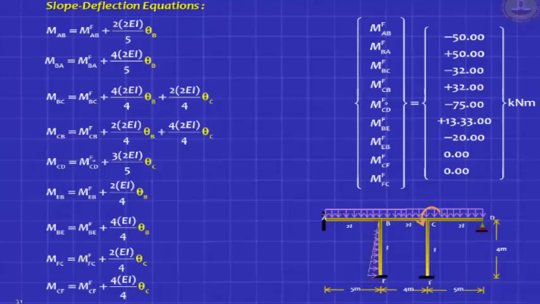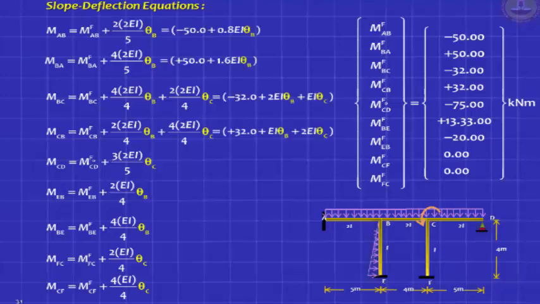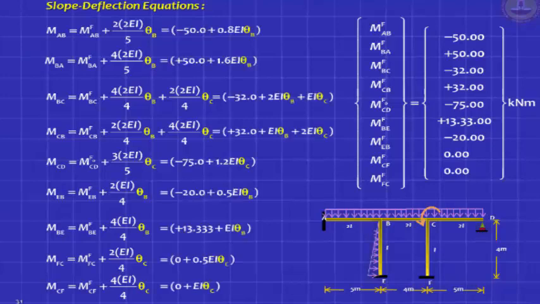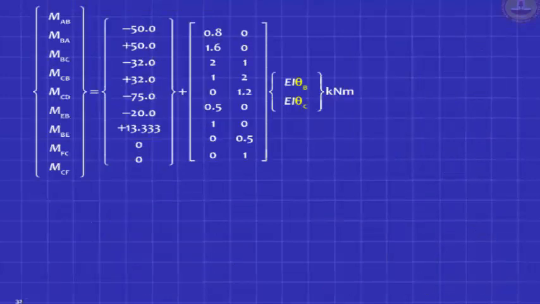Similarly, you write for FC. There is no fixed end moment for FC, so you can simplify that. So if you simplify these equations, they come to this point. And the whole thing you can write nicely in a matrix form like this. Make this a habit. You can even draw some horizontal lines the way I've done it to separate out your beam elements.